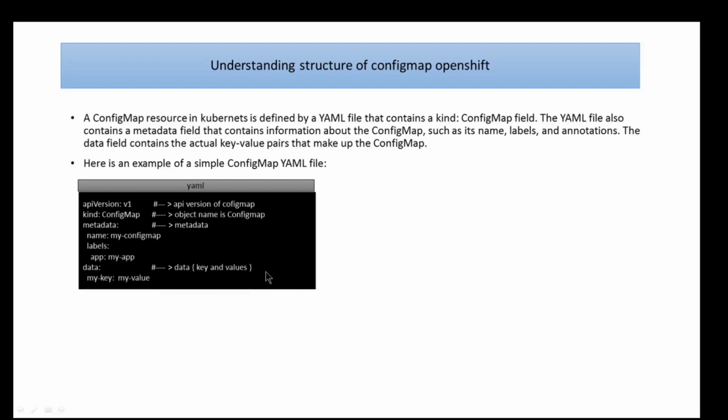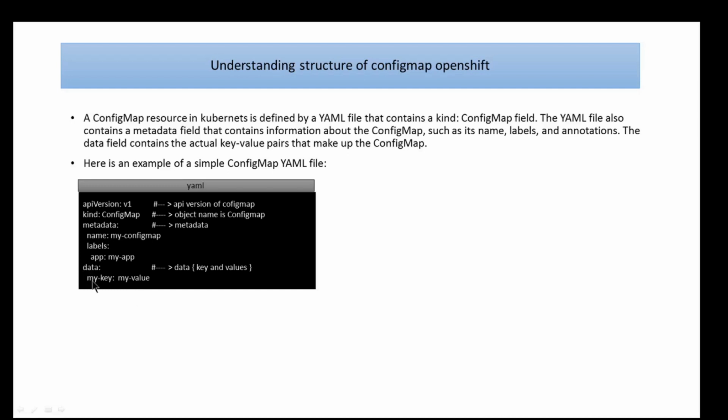If you look at any object in Kubernetes, it will have an object kind. The kind is config map here, and it will have the metadata. Metadata will have the name, like any other object in Kubernetes. The one thing we are specifically interested in is the data field.